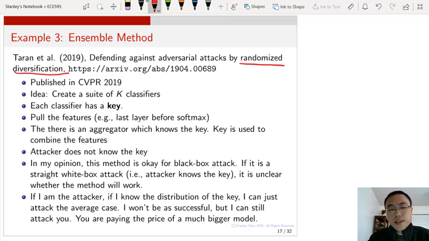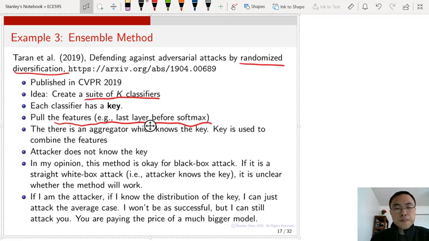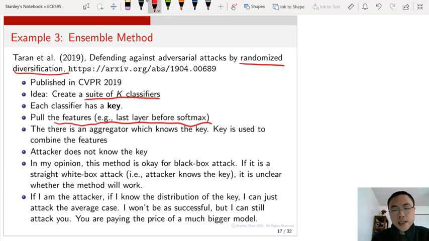This is published in 2019's CVPR, and the idea is to construct a suite of K classifiers, and each classifier has a key. And so what you're going to do is pull some features, for example, the last layer before the softmax, and then there is an aggregation unit which will know the key, and the key is used to combine the features.